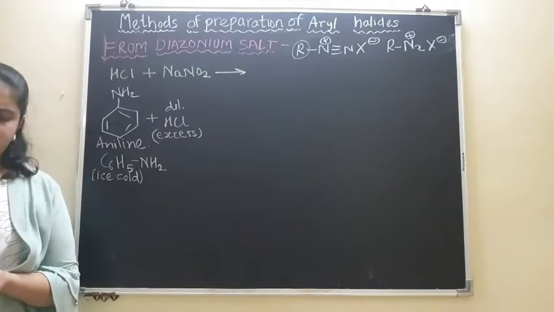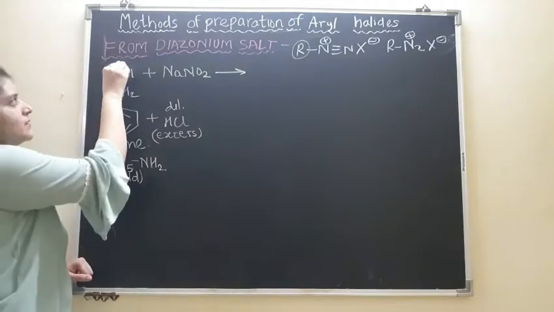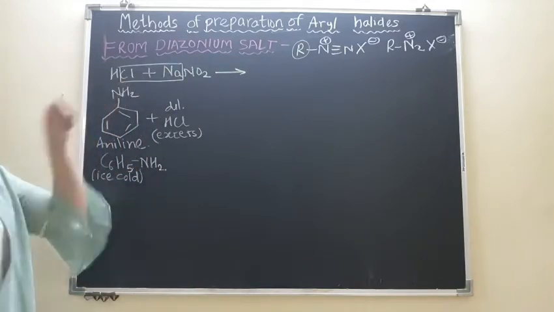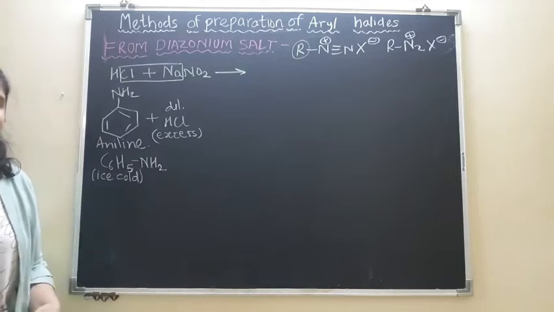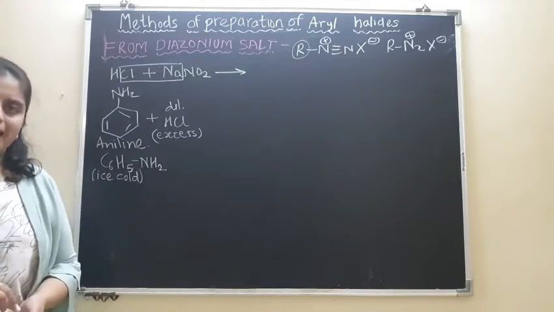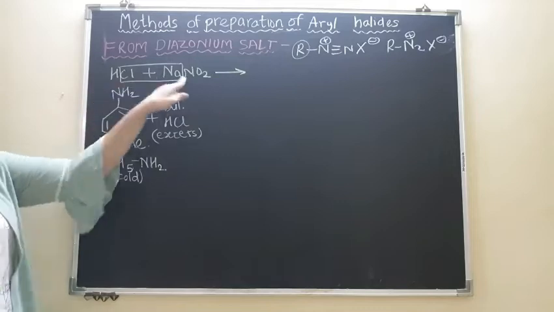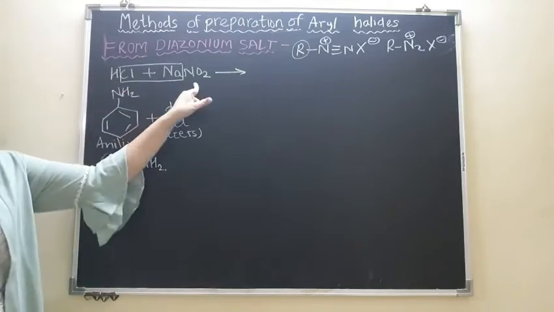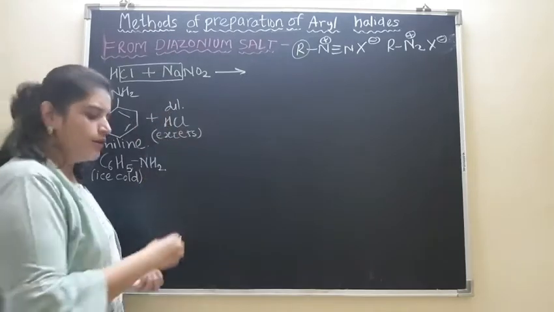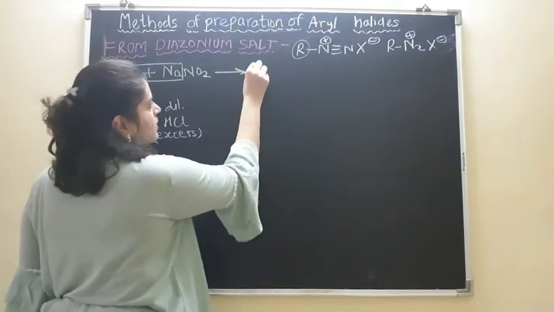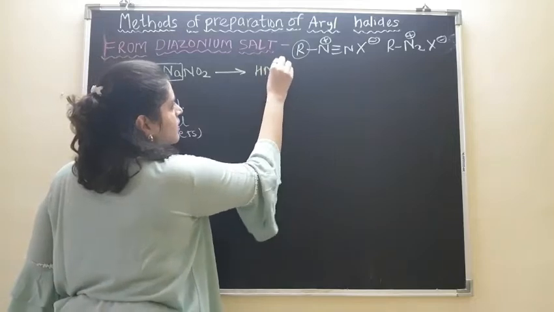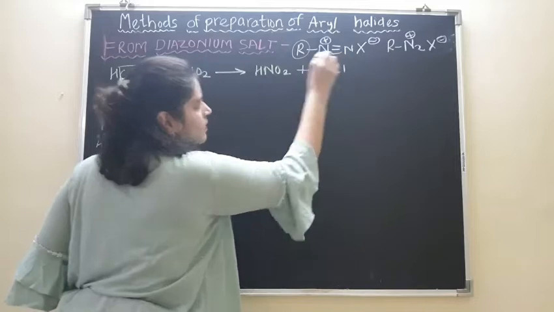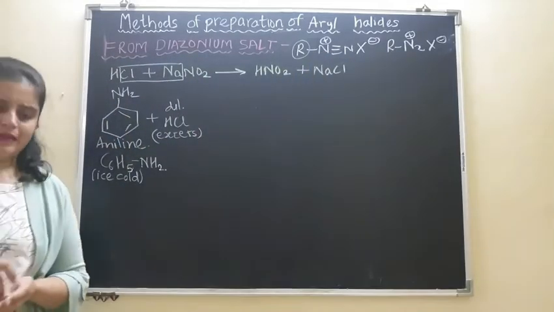HCl reacts with NaNO2, so what is going to happen is this. This sodium and this chlorine will form NaCl, so one of the products will be NaCl. Then what is left now? H and NO2 are left, so another product is going to be HNO2. So we have got 2 products here, HNO2 plus NaCl.